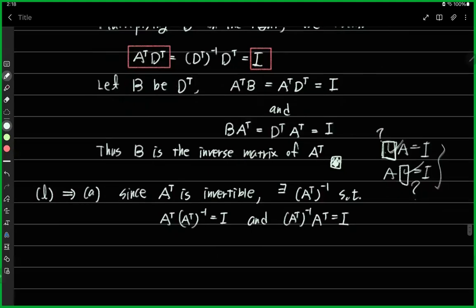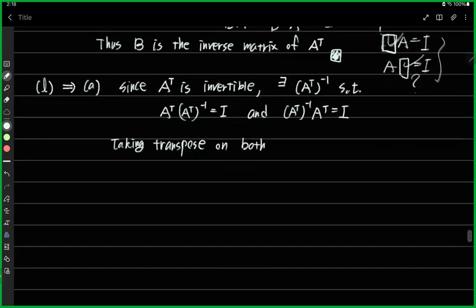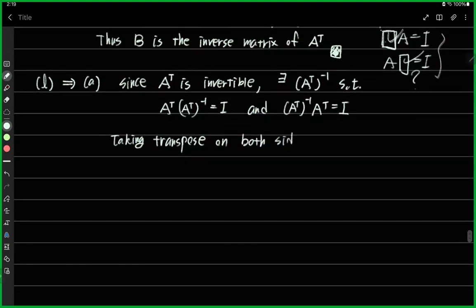Now what I'm going to do is take the transpose on both sides for each matrix. Then A transpose, and A transpose inverse, and transpose. Okay. See?